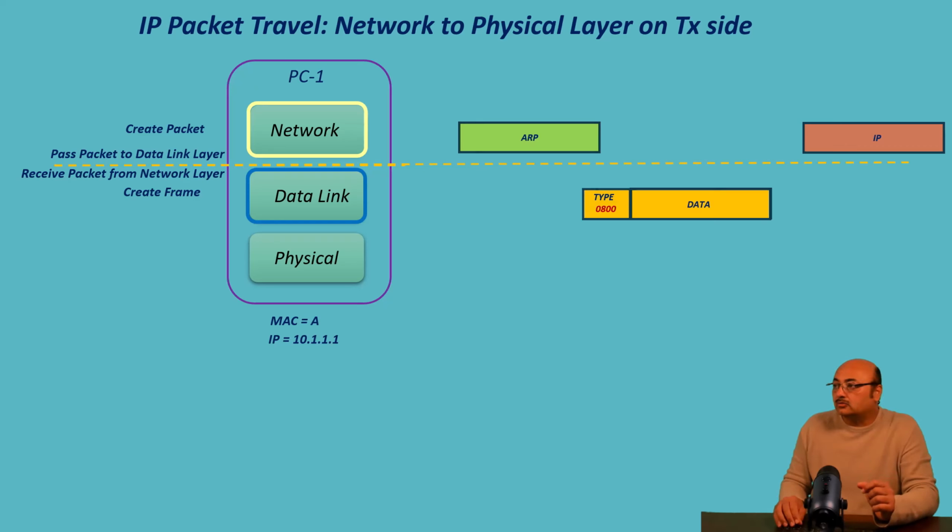In this case, it is going to have a value 0800 because the data link layer is aware that the packet from layer 3 came from the IP protocol. Next, we add the SMAC and DMAC fields. Now the frame is ready to be pushed down towards the physical layer.